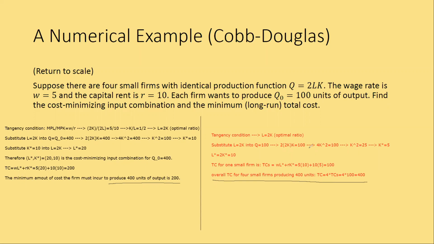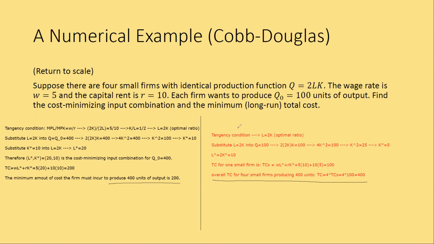So this is what we meant by increasing returns to scale. In our case, this production function has increasing returns to scale. When we have this feature, one large firm will be more cost efficient than several small firms.